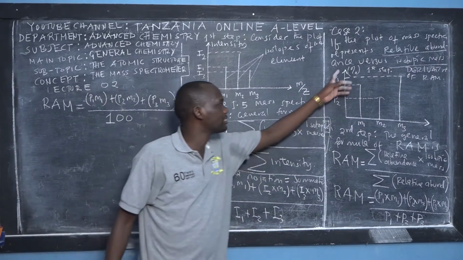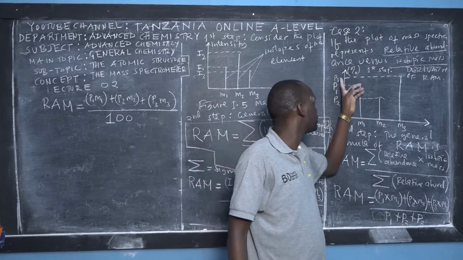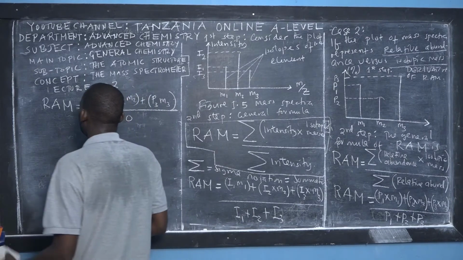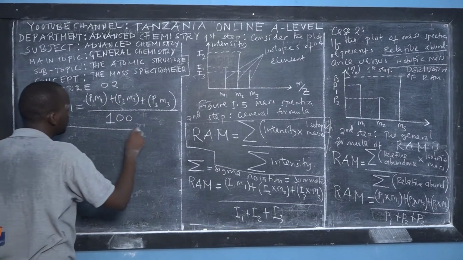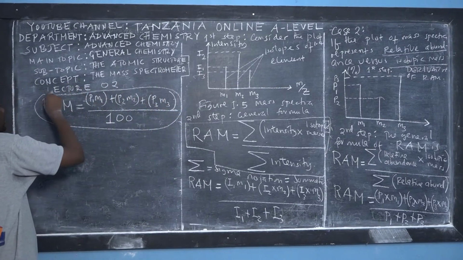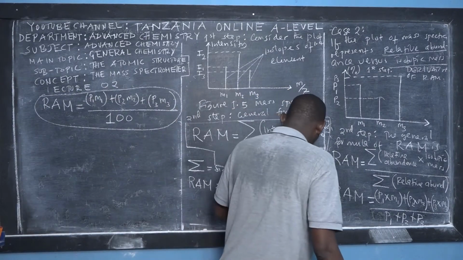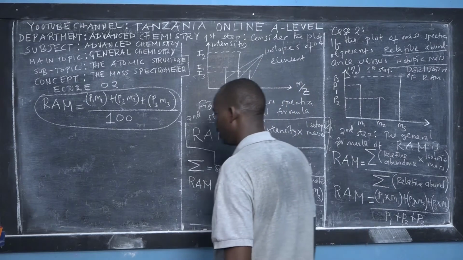The sum of percentage is always equal to 100. So this plus this plus this is equal to 100. So this is also the simplest formula that we might need in solving problems. All right?